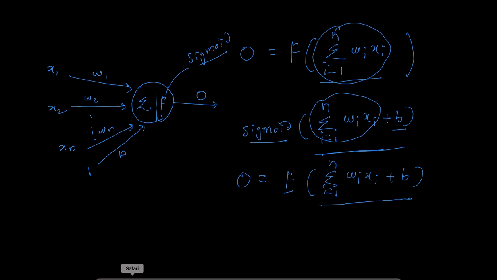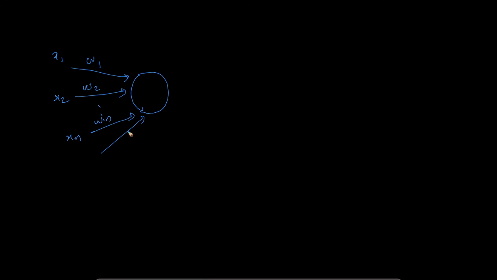Now let us see what a perceptron is. The perceptron is the simplest neuron model. Let's say this is the neuron model, again with n inputs, and this is 1 and B. So sum here and F, this output.